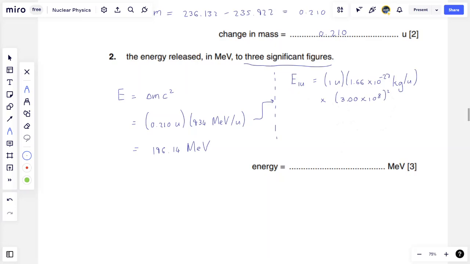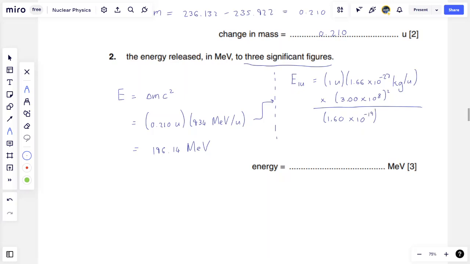And then I get an energy in joules. Kilograms times meters squared per second squared gives me an answer in joules. That's great, but I want an answer in MeV, mega electron volts, for every atomic mass unit. So what I'm going to do is divide this value in joules by 1.6 times 10 to the minus 19.